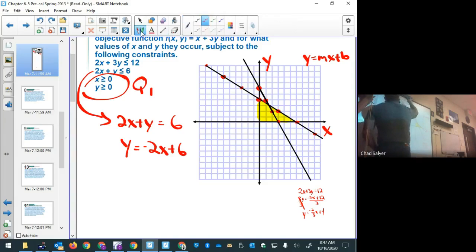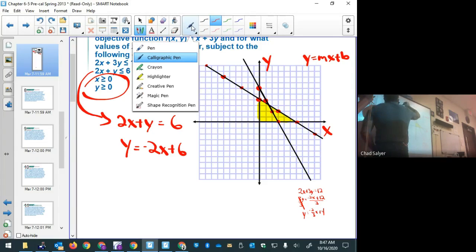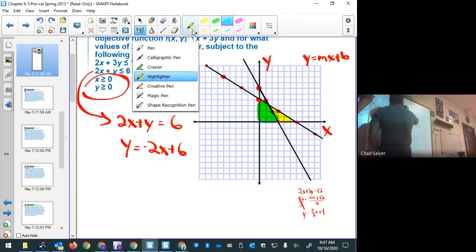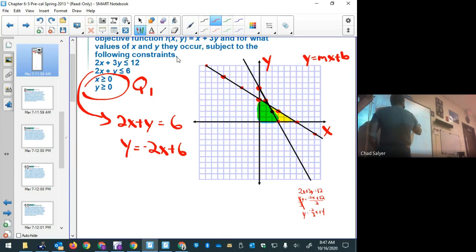Which means our solution is going to be right in there. So we need the edges coming together into vertices. We use a different color pen because that's too much red going on there. So here's one, here's one, here's one, and here's one. Those are all vertices of the solution area.